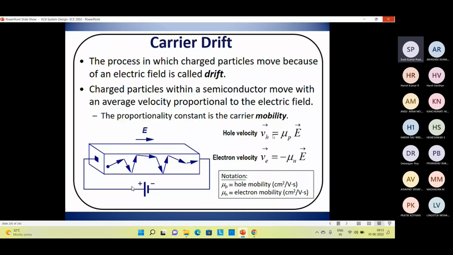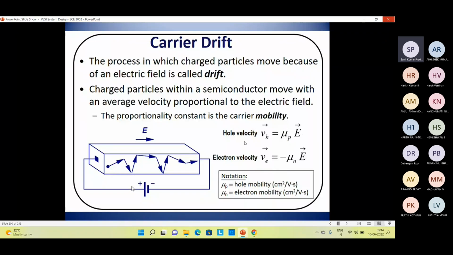Whereas if the drift velocity of hole is taken into consideration, Vh is the drift velocity of hole, mu p is our mobility of hole, and E is our electric field.